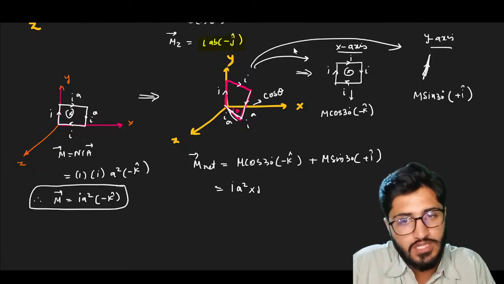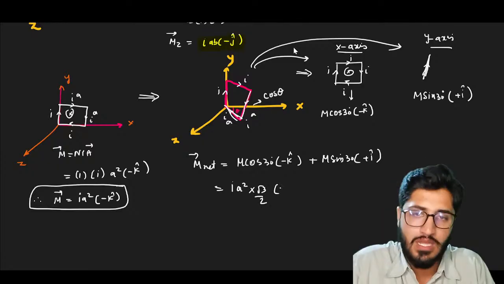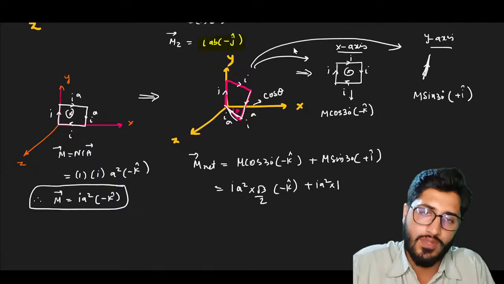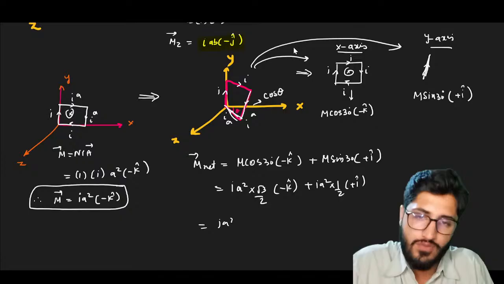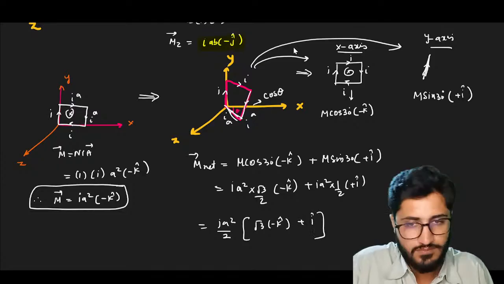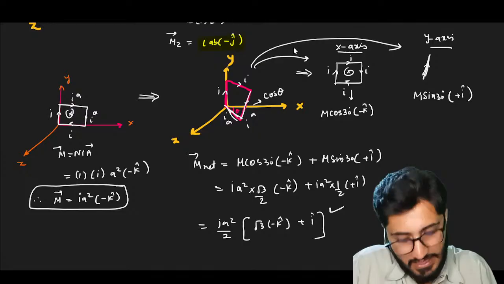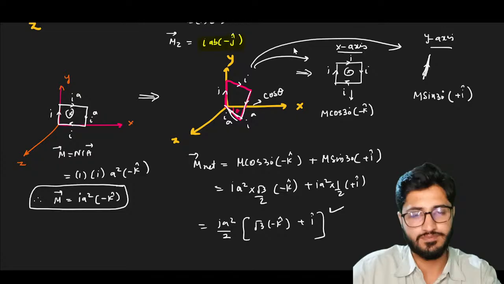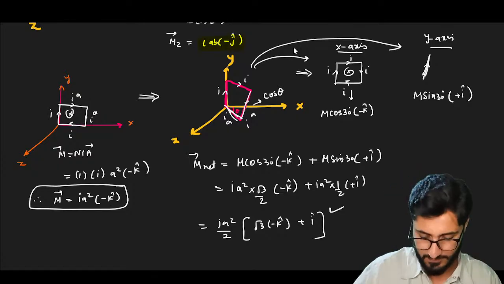Cos theta is root 3 by 2, minus k cap. Plus, it is I A square, same, sin theta is 1 by 2, plus i cap. I will take I A square by 2 common. So we have root 3 minus k cap plus i cap. This is my ultimate answer.